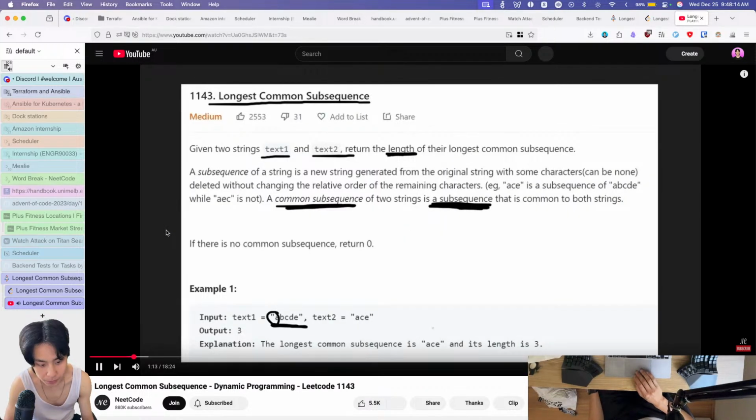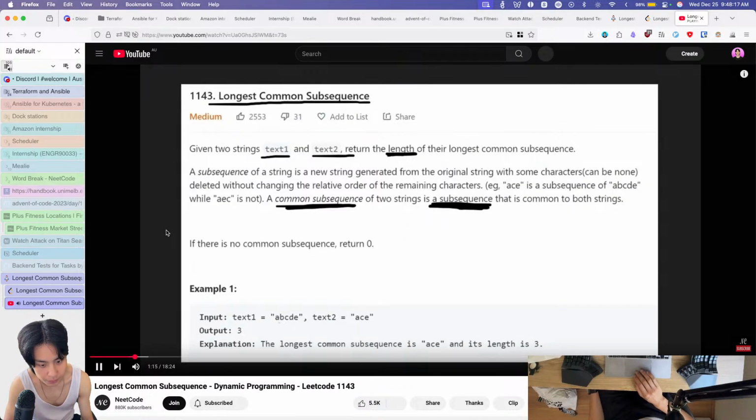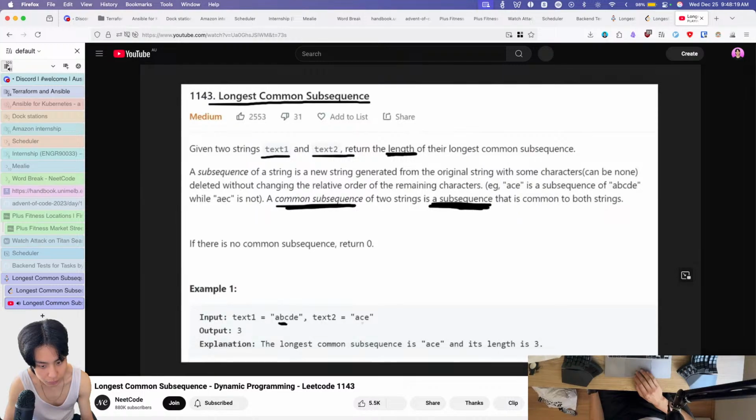They both have an A in the first spot, so that's good. So now let's look at the second character, B and C. Well, this has a B, but the second string does not have a B. But the second string does have a C, and we also have a C over here. But the second string does not have a D, right? So we can't include the D from the first string.